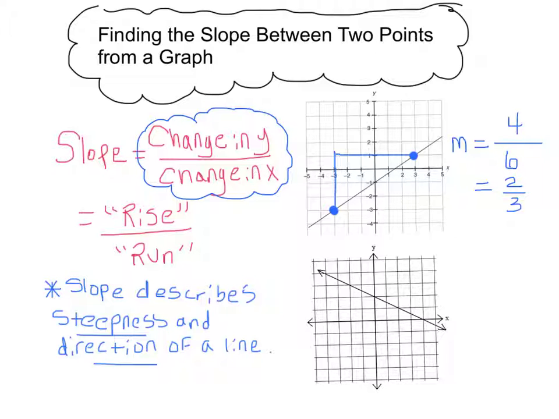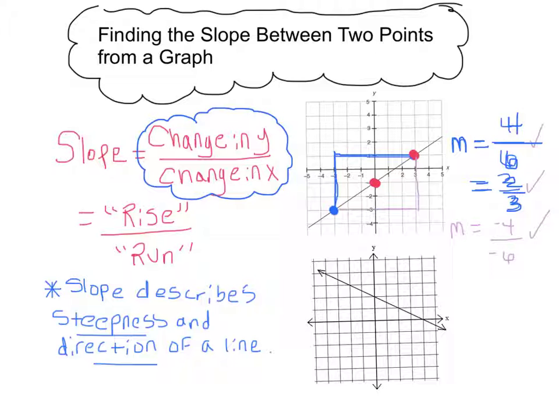Because, for instance, if we started at the point on the left and rose 2 and moved to the right 3, we would get this point here, which is also on the line. And if we follow that pattern again by rising 2 and moving to the right 3, we would get our new point. And so representing the slope in different ways is often useful because it can get us more points on the line, sort of fill in information in the in-between that we didn't have originally.